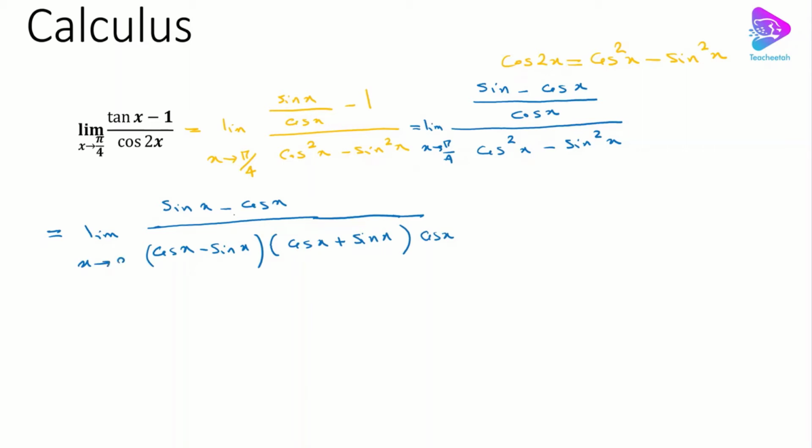As you see, we have sine of x minus cos of x on the top, and we have cos of x minus sine of x.